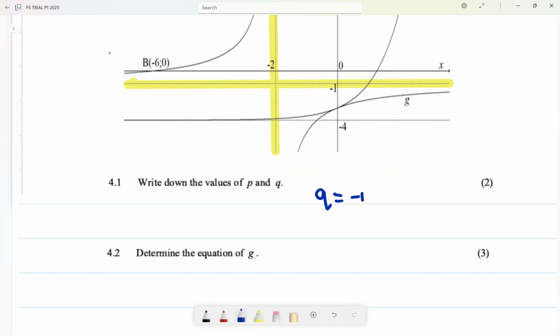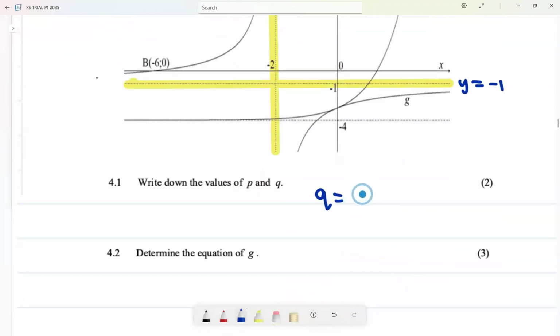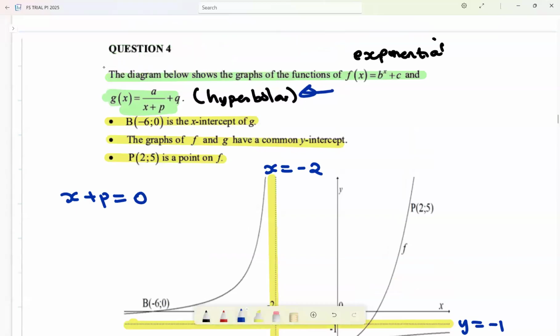But when we go to p, guys, here is a catch. X plus p should give us 0. And now we know that here x is equal to -2, and y is equal to -1. But I know that q is equal to y, which is just -1. But in this case, x plus p equated to 0 gives x equal to negative p.